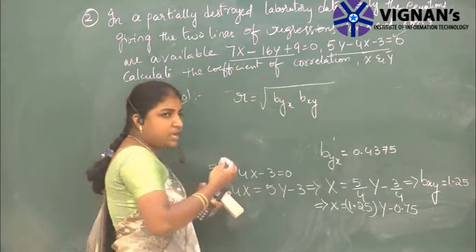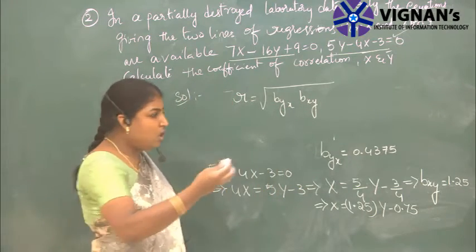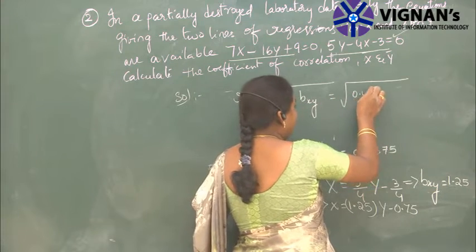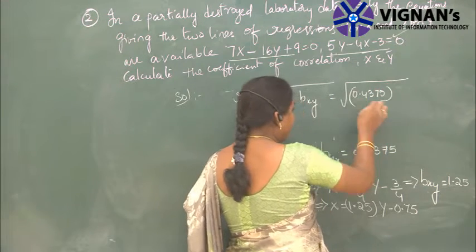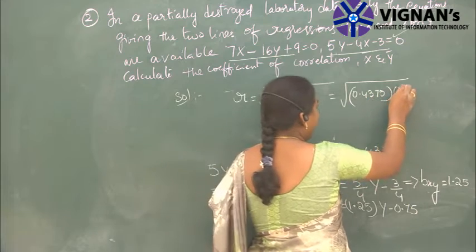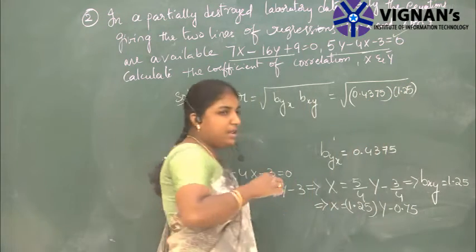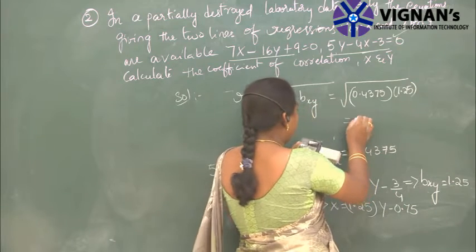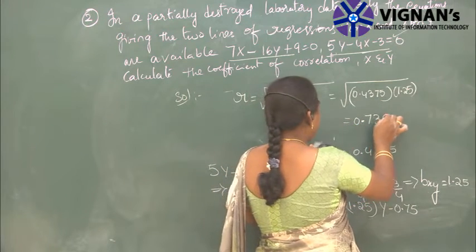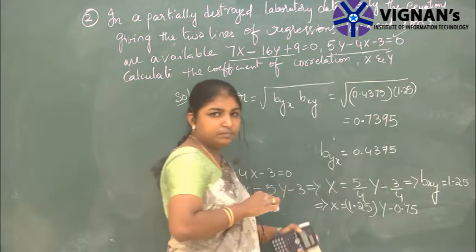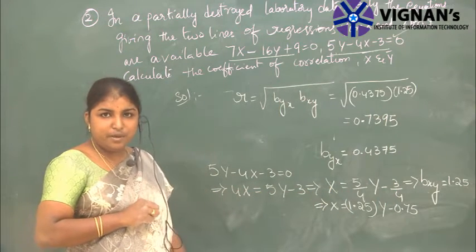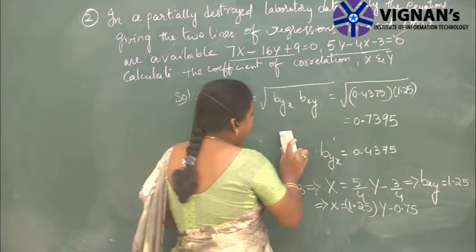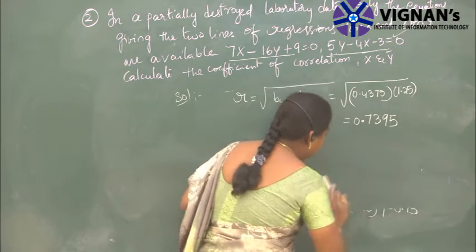We know both byx and bxy, so substituting, we get root over 0.4375 into 1.25. Calculating with the calculator, this value is equal to 0.7395.